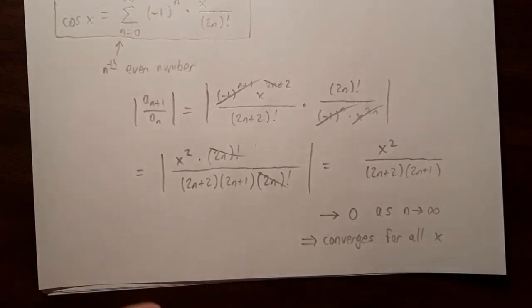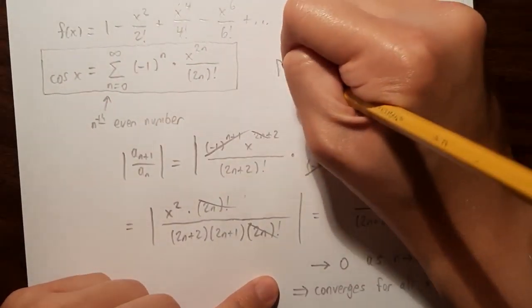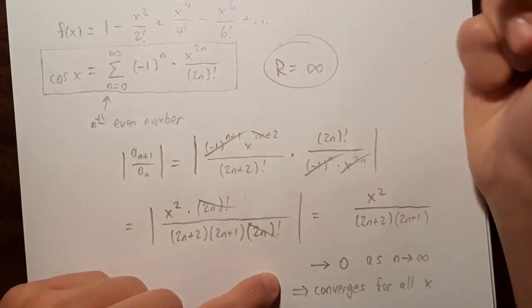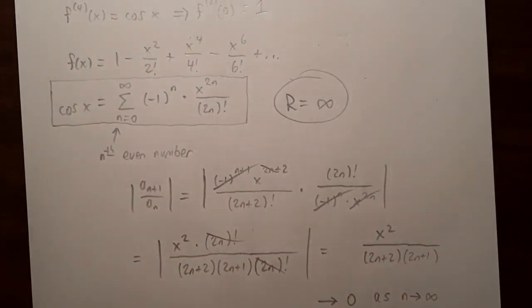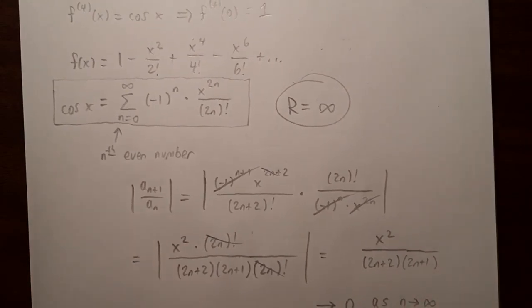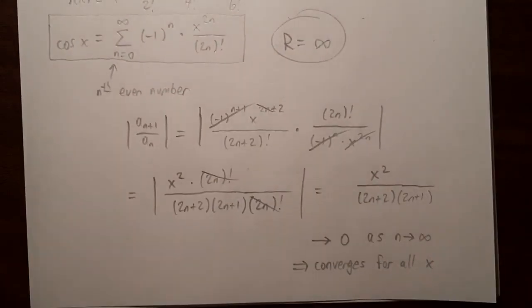Which tells us then that our radius of convergence is infinite. All real numbers work. There you go.